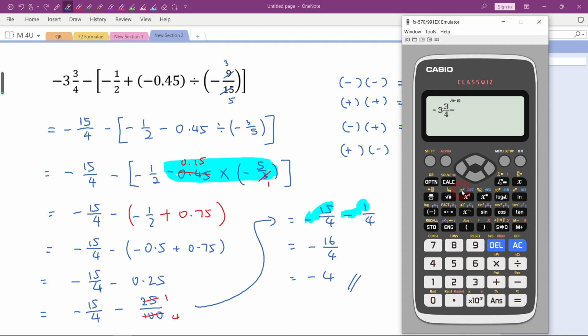Negative, then put a parenthesis, negative 1 over 2 plus parenthesis again, negative 0.45 divide negative 9 over 15. Equal. So the answer is negative 4, correct. Let's try next questions.